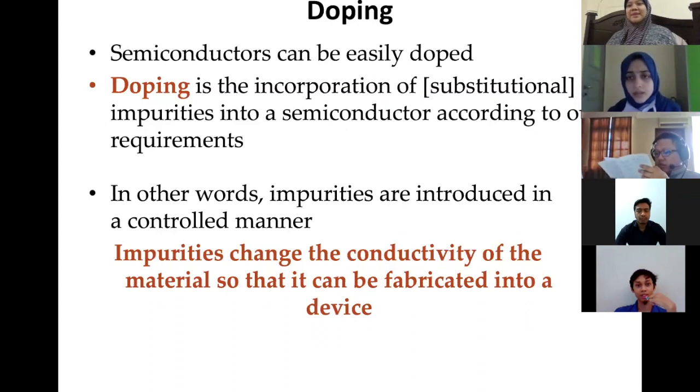Again? To get a semiconductor of our own choice, for example, if we want a p-type semiconductor, we will dope it with a trivalent. What's the main reason why we do? To change the lattice constant?